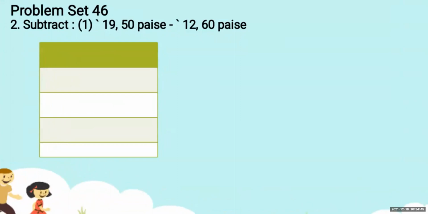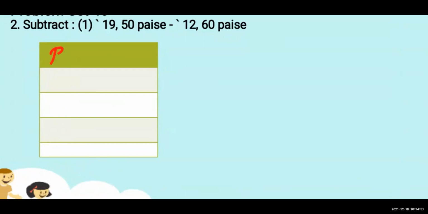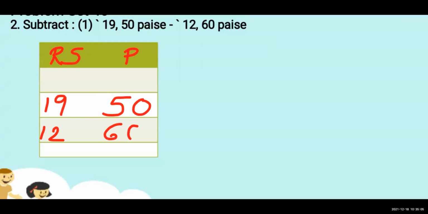Now here there are rupees and paise units, so we'll write here rupees Rs and paise P. Then we'll leave one line for the cutting parts. Then 19 rupees 50 paise, 12 rupees 60 paise.